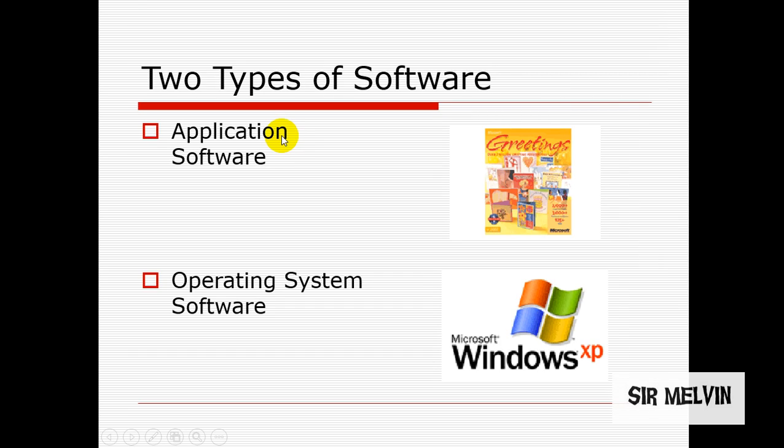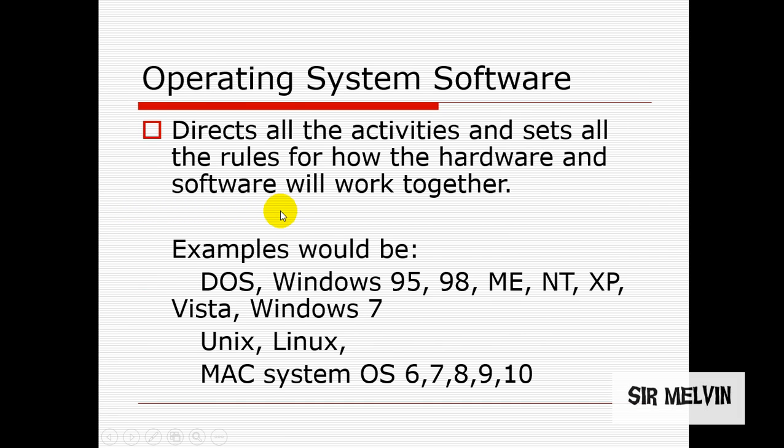So there are two types of software. Number one, the application software. The next one, the operating system software. These two types of software are all parts of a program. Operating system software directs all the activities and sets all the rules for how the hardware and software will work together.